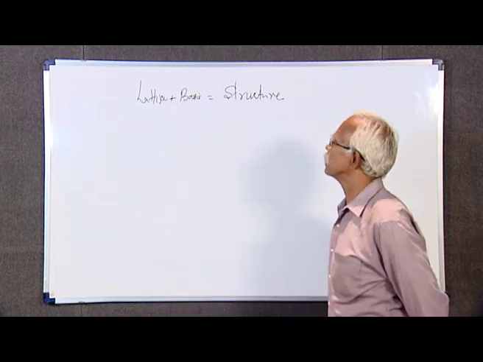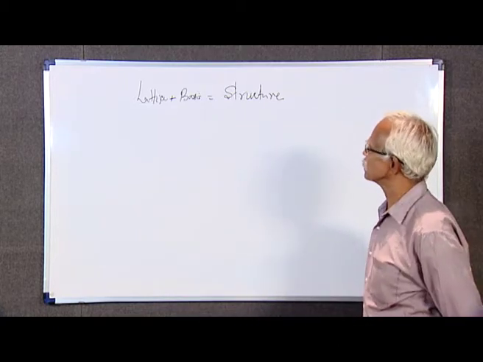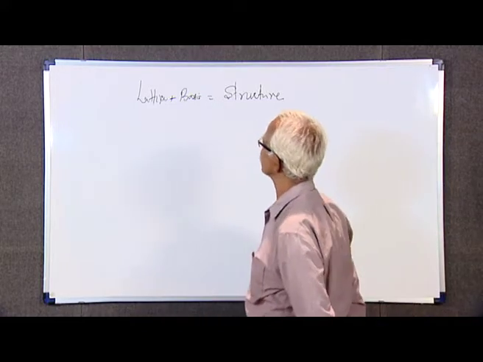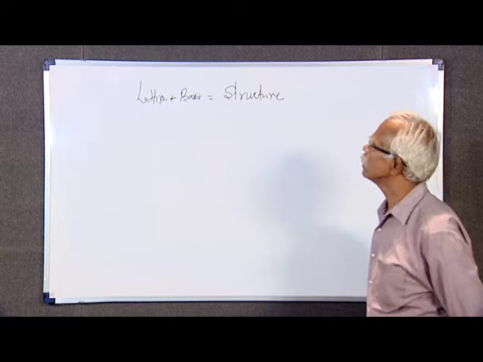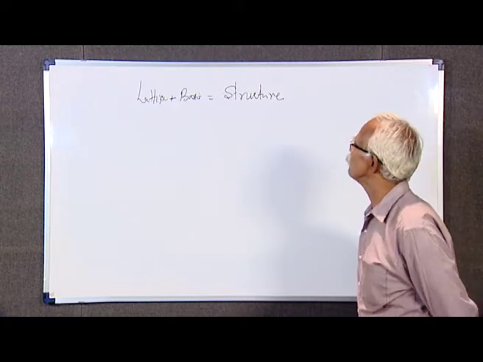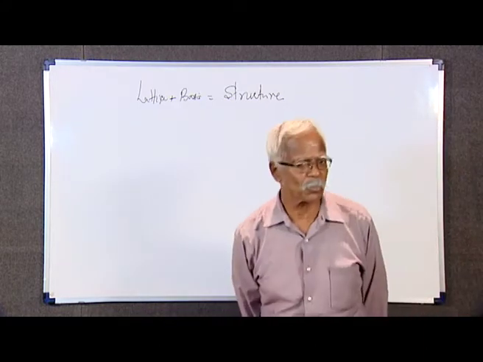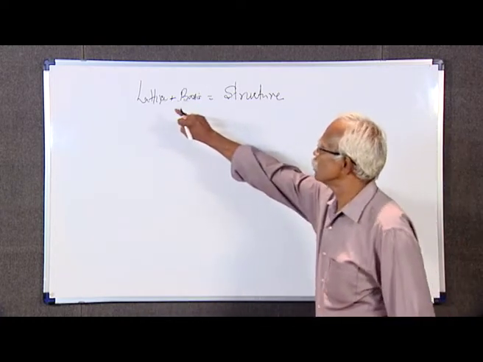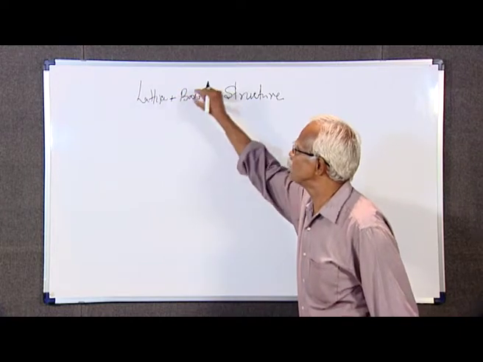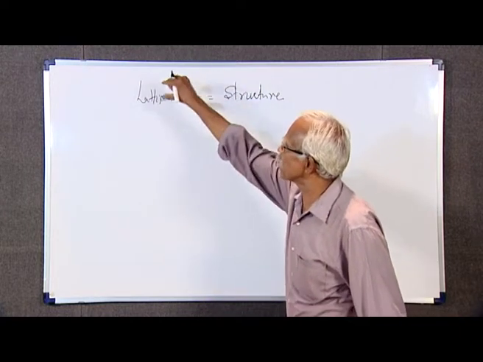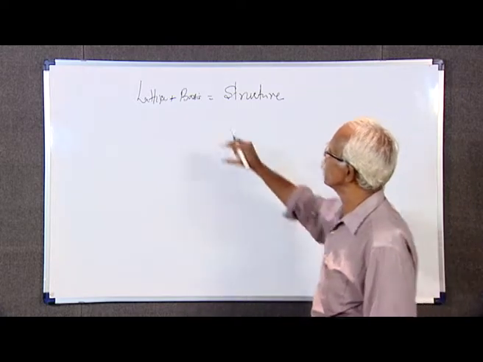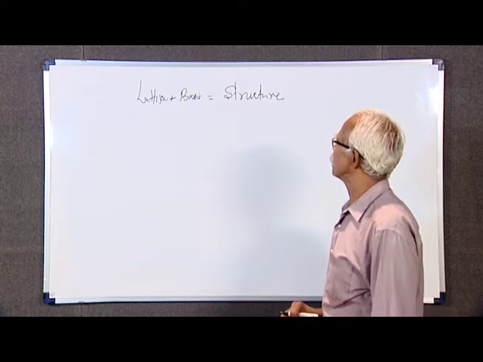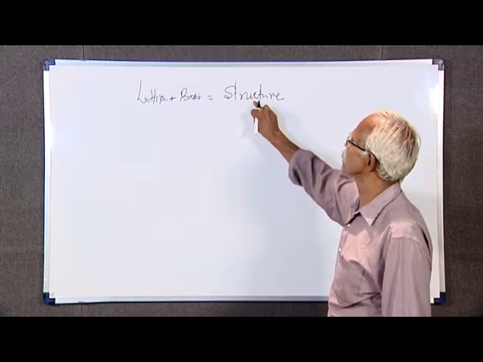Lattice is a mathematical concept which involves spatial rhythms, as we have seen, and basis is purely physical. It is in the form of atoms or molecules, and so this means if atoms or molecules are accommodated according to a specific mathematical model of spatial rhythms, you will get a crystal structure.